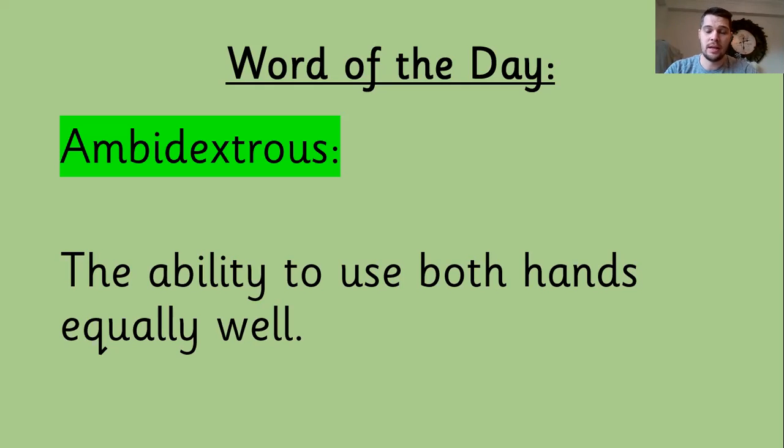Ambidextrous itself is basically the ability to use both hands equally well. So it might mean your handwriting is just as neat and you're just as confident with your left hand and your right hand. It might be an Olympic athlete that throws the javelin. Maybe they could throw it equally well with their left arm, their left hand, as they can with the right side of their body. Okay, so it's the ability to use both hands just as well as one another.